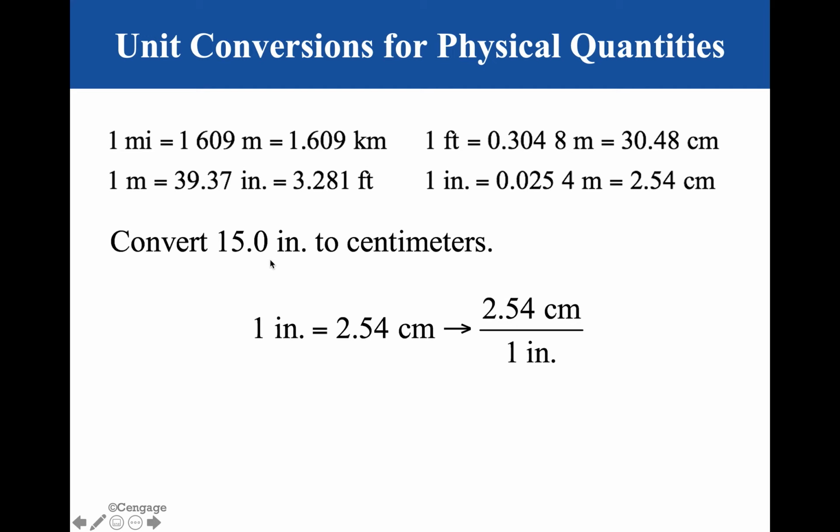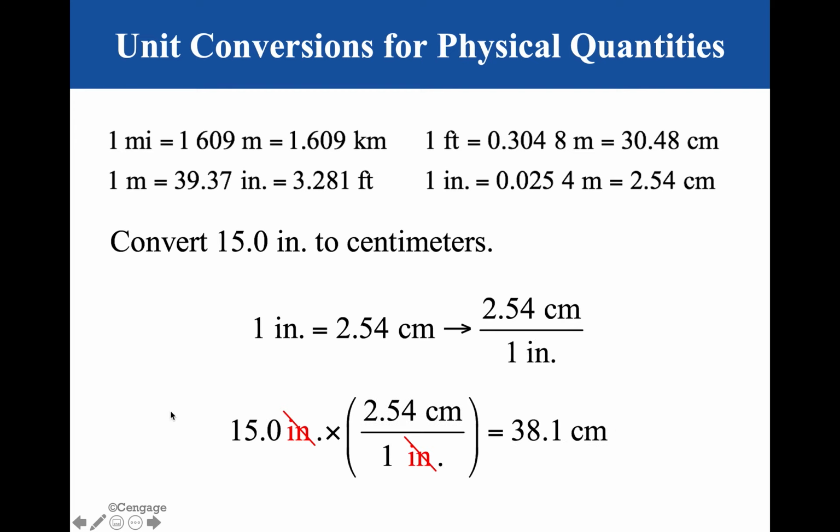For example, to convert 15 inches to centimeters, I know that there's 2.54 centimeters per inch, so basically I'm multiplying by 1. 15 inches times 2.54 centimeters per inch, these are the same thing, so I'm multiplying by 1 in physical reality. And you can see that the units cancel just like they would algebraically, and I convert 15 inches to 38.1 centimeters. Okay? So that's something you're going to need to do at times.